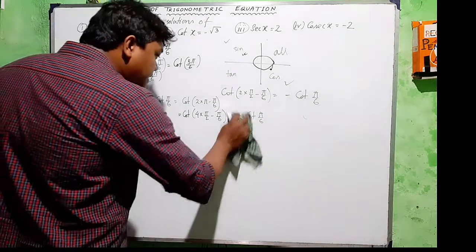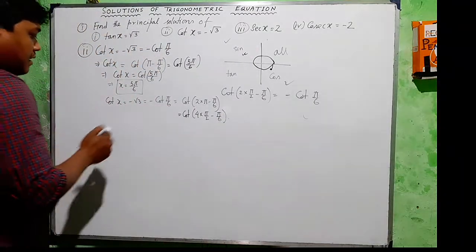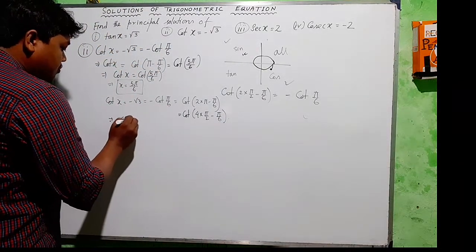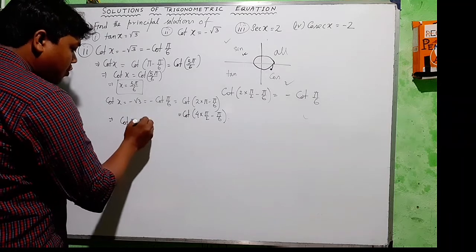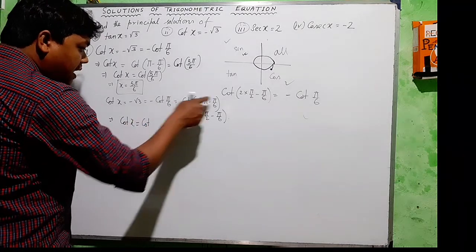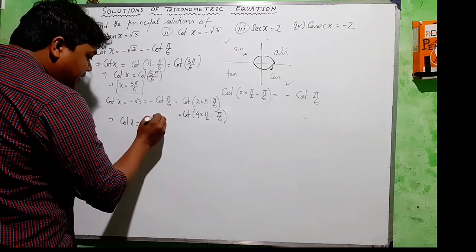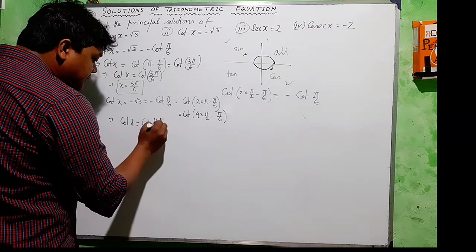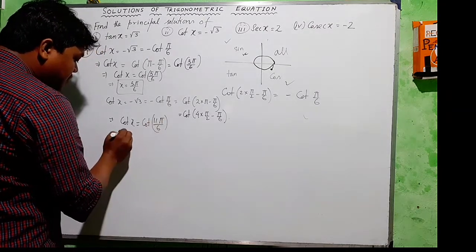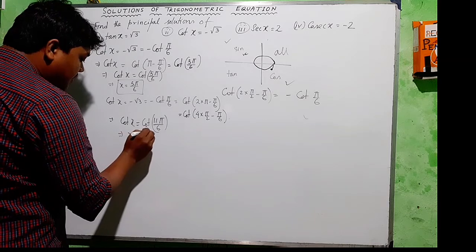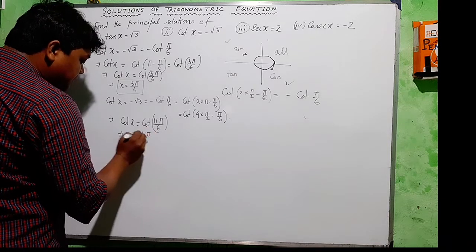Okay, so I erase this part. Just cot x equals cot of 2 pi minus pi by 6, that means 11 pi by 6. So x equals 11 pi by 6.